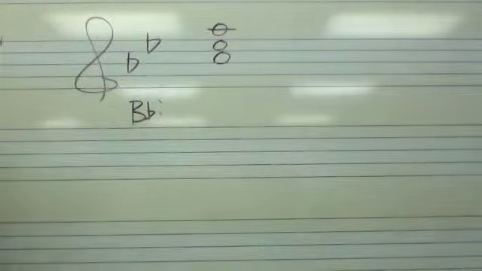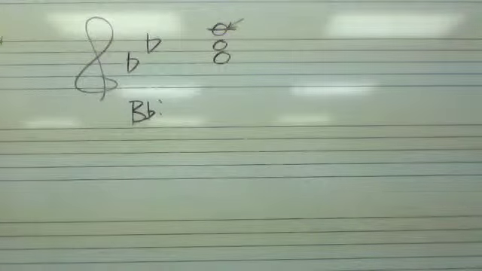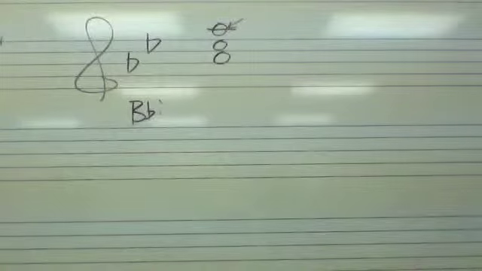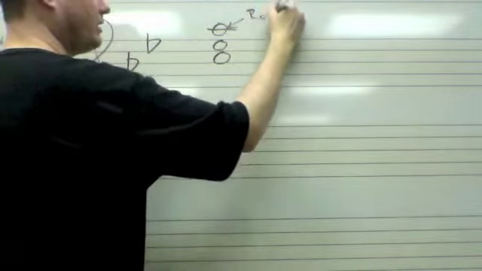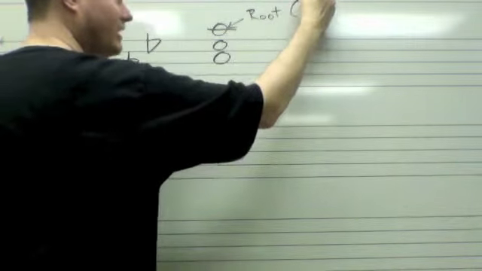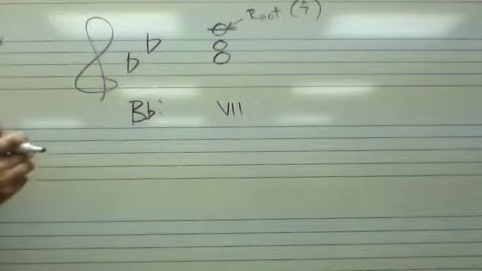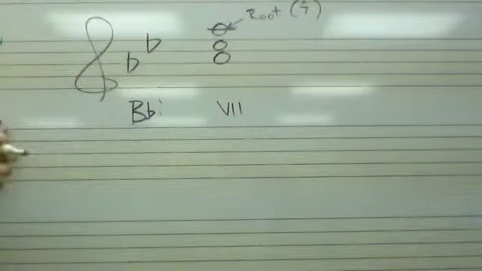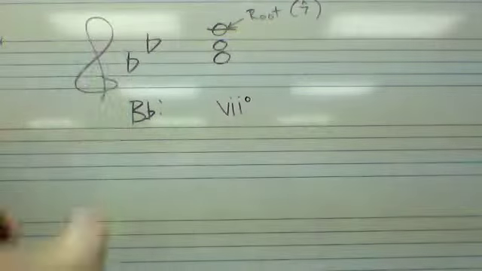This chord, if we went through all the work and built our snowman and made this at the root position, we'd figure out that this is the root. A is the root of this chord. We have a C and we have an E. So this is the root. This is scale degree 7. So we're going to have a Roman numeral 7. The quality would be A, C, E flat. That's a diminished triad.